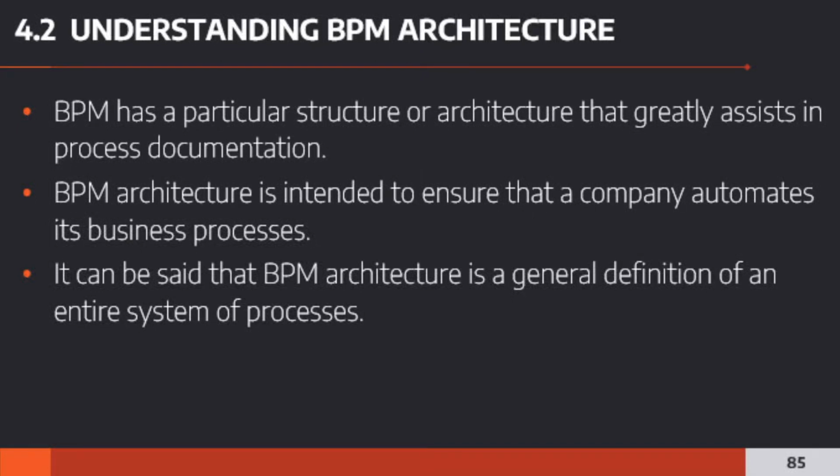Why? Because yourself is the general definition of your entire system of processes. You're the product of your mother and your father, but yet you're different from your brothers or sisters. You're different from your classmates. You're different from other people. That is what architecture is all about.